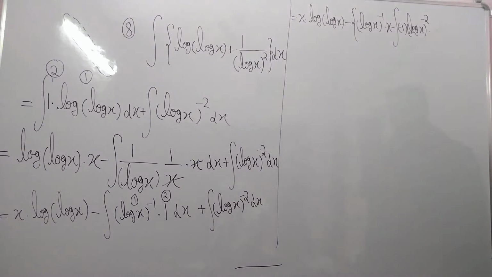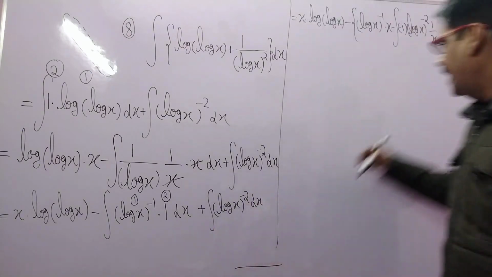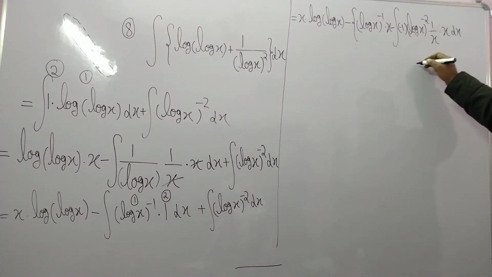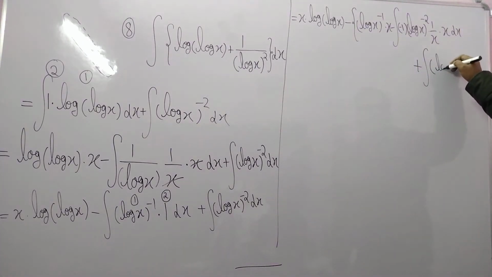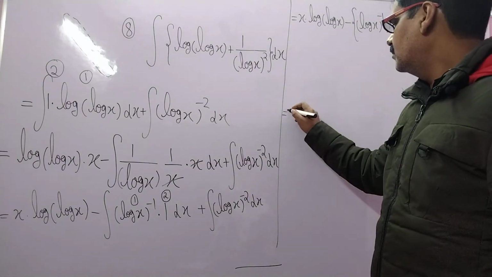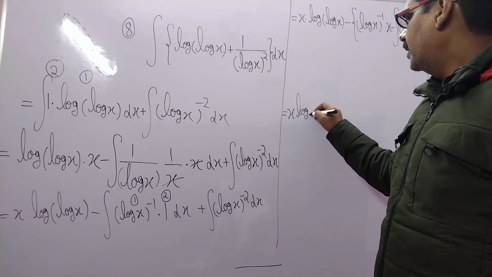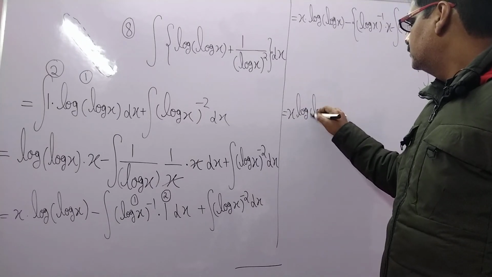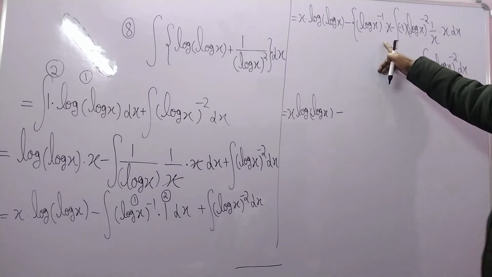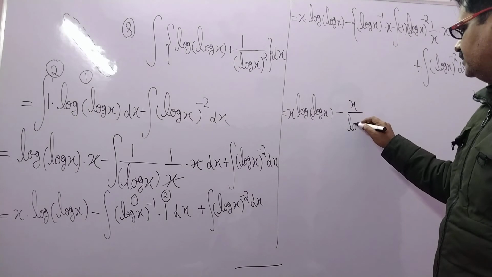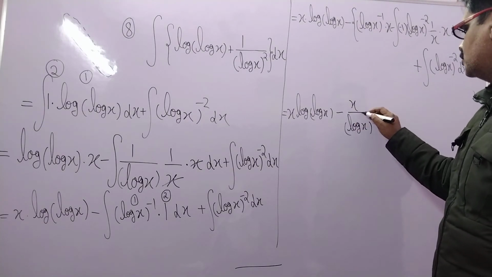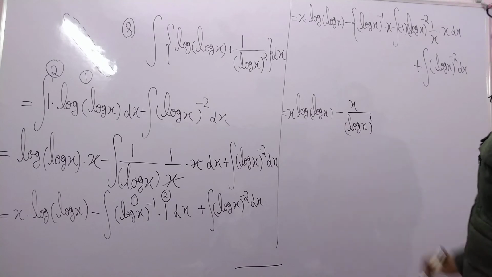Now differentiation of log x is 1 upon x and integration of 1 is x dx, minus plus (log x) to power minus 2 as it is. Now x log x, we open it with minus x, take it to the denominator, log x to power plus 1.